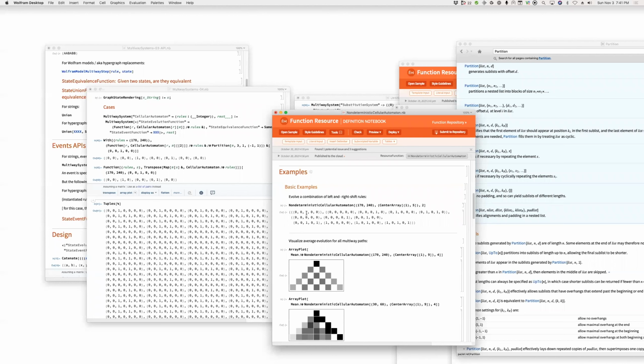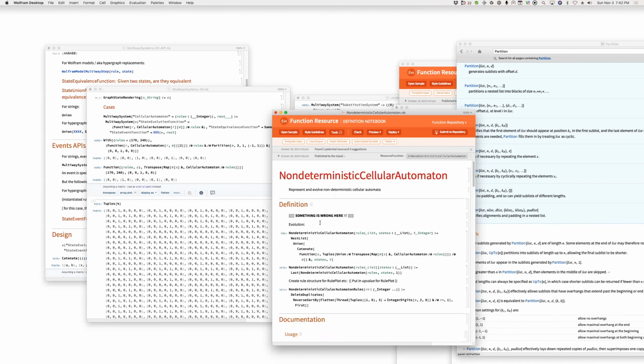Right, but cellular automaton, just like substitution system, means something where you have a knowledge of history. I don't know. Well, this is wrong anyway.